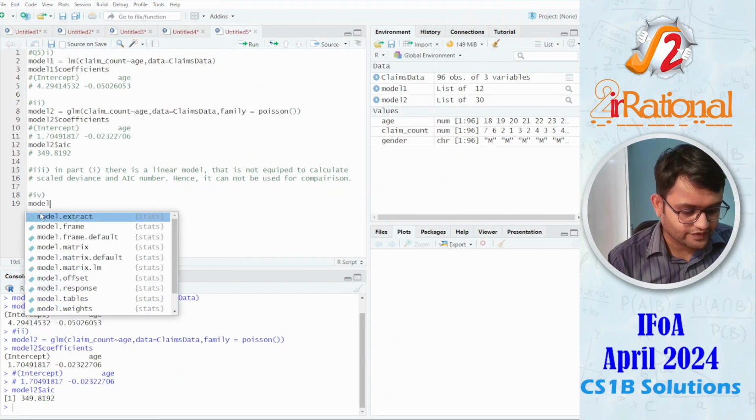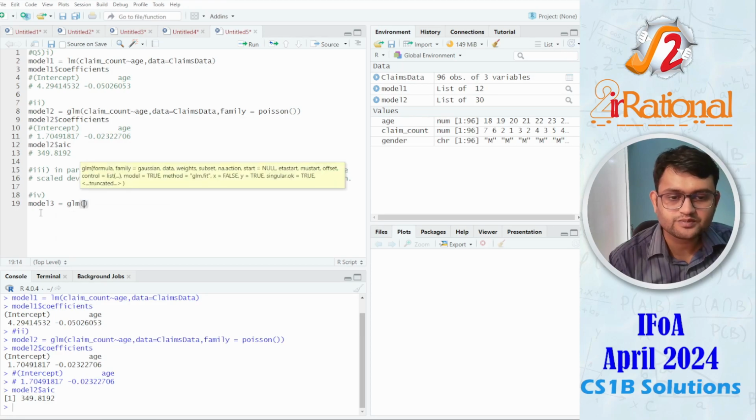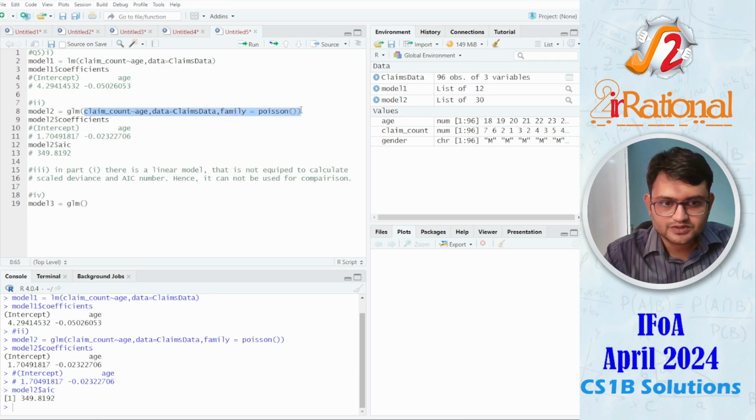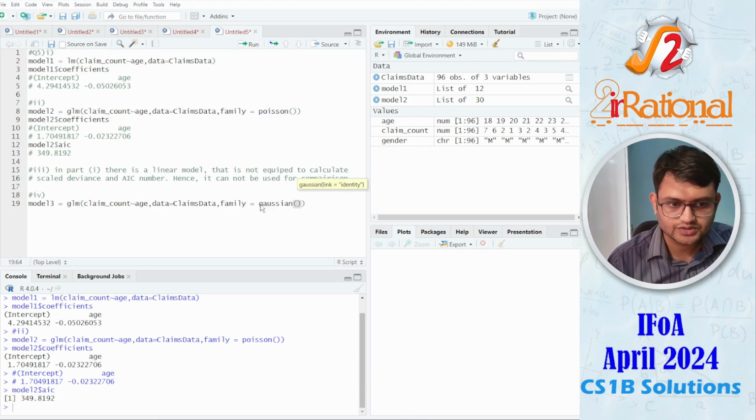Remember that every linear and multilinear model has response variable as normal distribution. So in GLM it will always be equivalent to normal. So I can just copy this, paste it here and change the family. Gaussian.